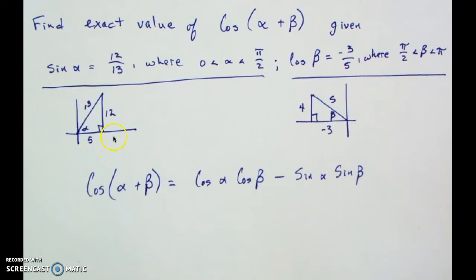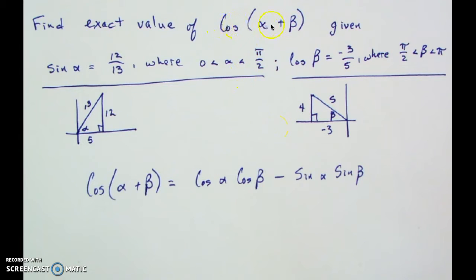Here we've drawn our triangle with alpha in quadrant 1. We're given that sine is 12/13, so we can use the Pythagorean theorem to find the adjacent side is 5. And here we have our triangle with beta in quadrant 2, and we're given that our cosine value is -3/5, so -3 is our adjacent side, 5 is the hypotenuse, and again the Pythagorean theorem tells us the opposite side is 4.